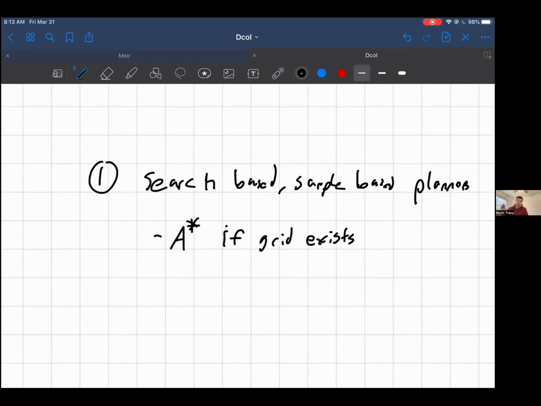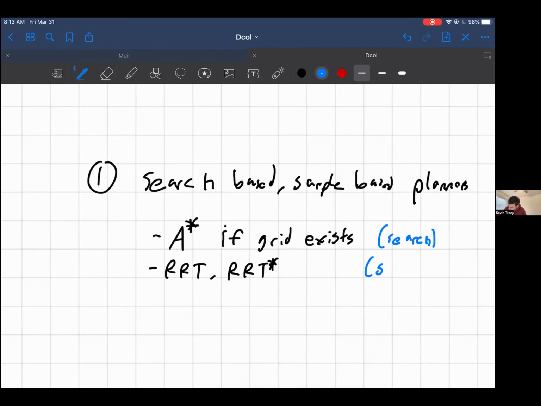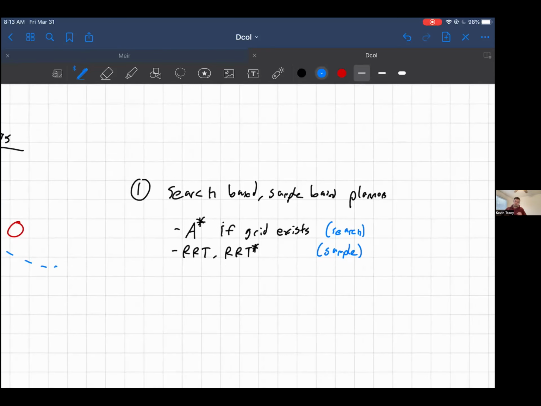If there's no grid, so it's just a big state space and I haven't discretized the states already, which is very common, I could use RRT. And then there's also RRT star. So this is search. This is sample.